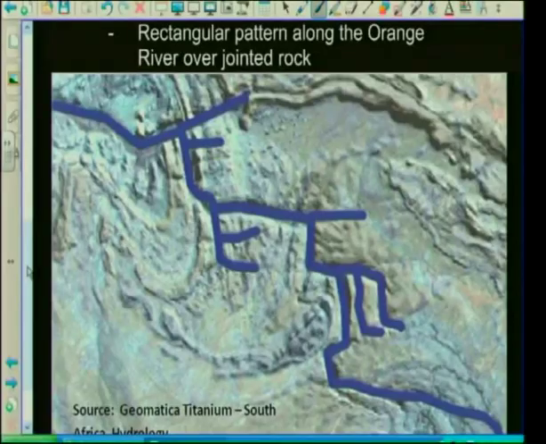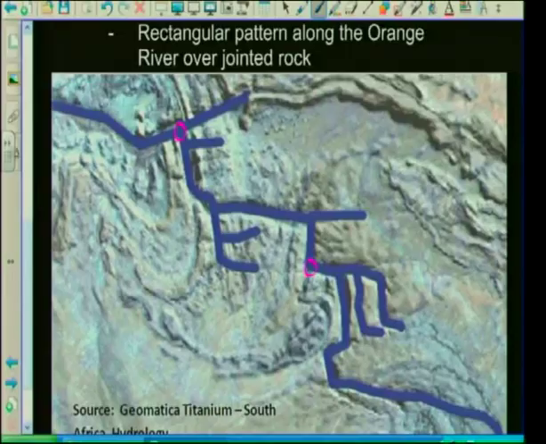So if we look at the diagram on the screen, you will see that these rivers are entering the mainstream at a 90-degree angle, and furthermore, the actual tributaries are making 90-degree turns within themselves.